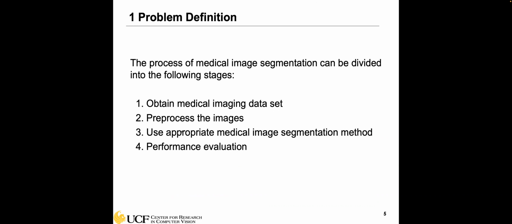Once you have the data set, as in any common image processing or computer vision application, you want to do some pre-processing of the data or images. The typical pre-processing steps are to normalize the data and maybe resize the images to the same size, in case the images you collected do not have the same resolution.